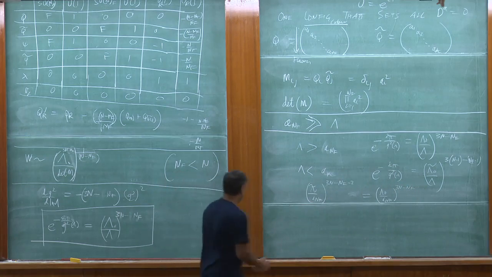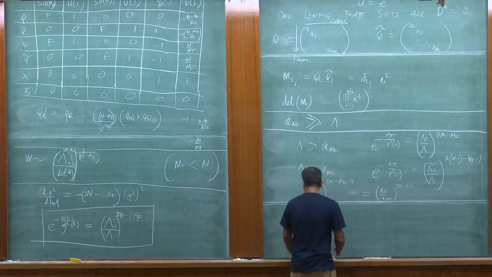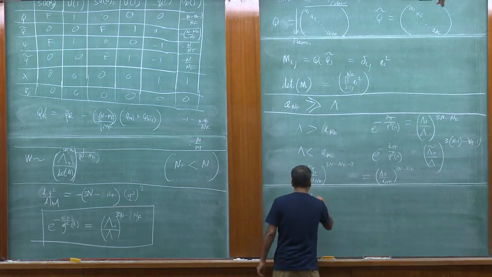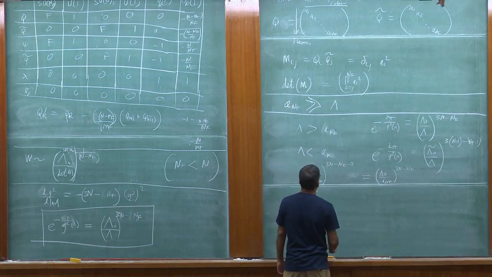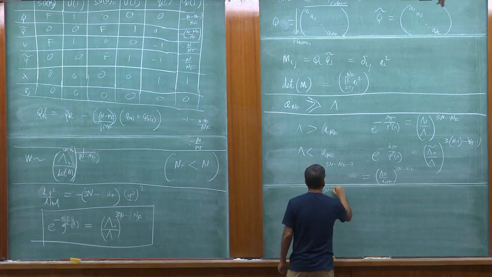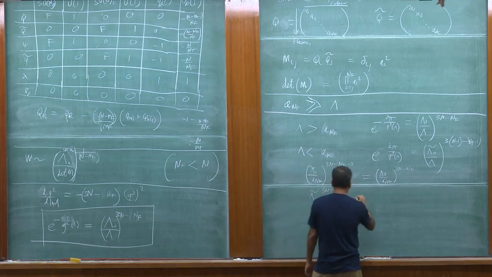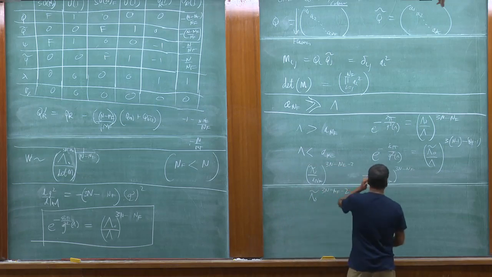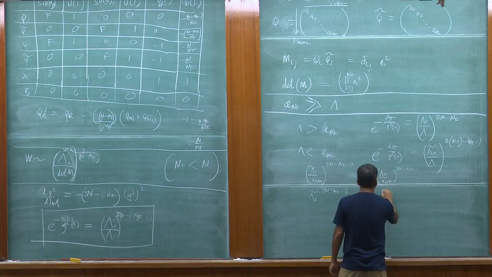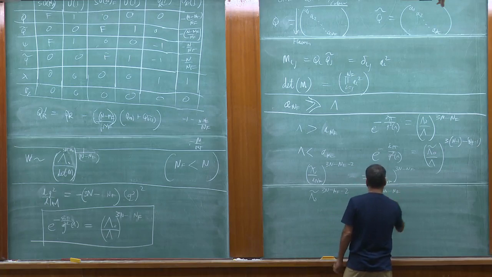Okay? And therefore, we get the formula lambda naught tilde to the power 3N minus NF minus 2 is equal to lambda naught to the power 3N minus NF divided by A and F squared.